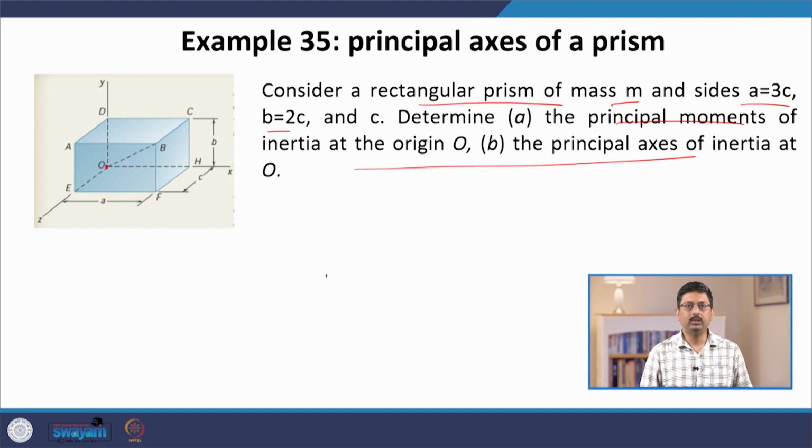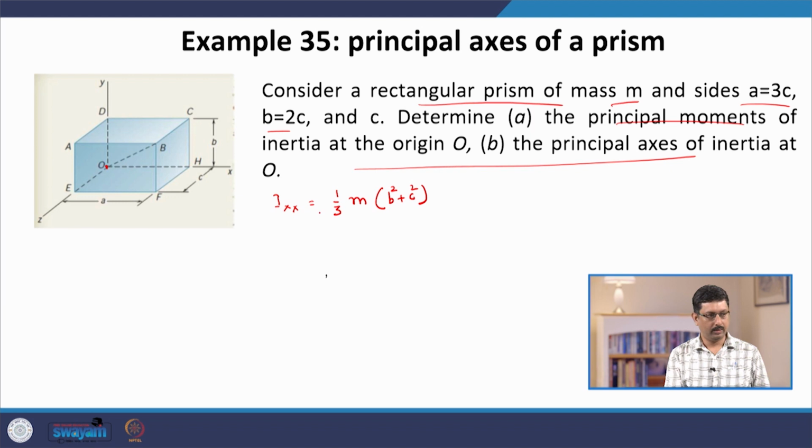Given this system, in one of the earlier examples we already calculated the components of the moments of inertia. Let us recall that we got Ixx to be 1 by 3 m (b square plus c square), and Iyy to be 1 by 3 m (c square plus a square).